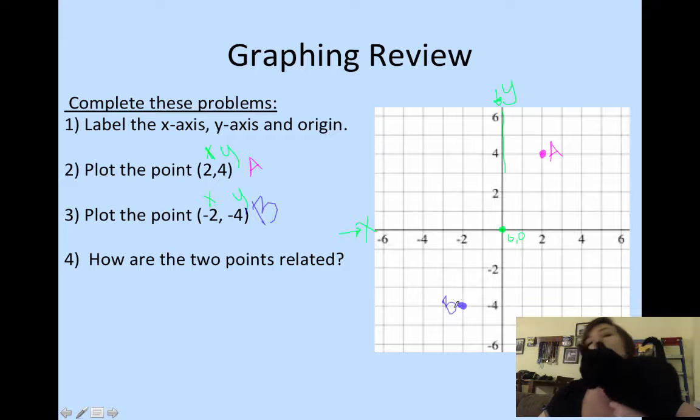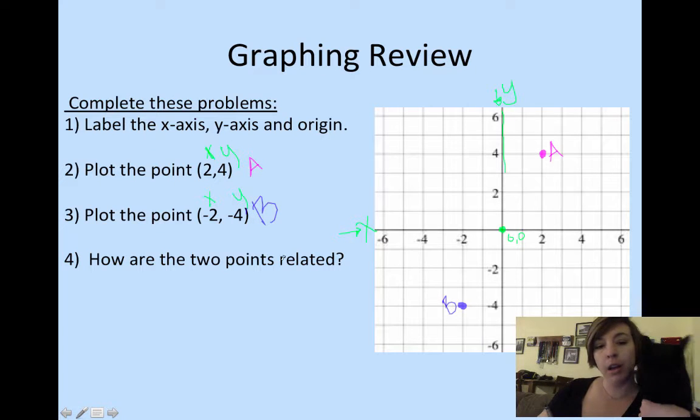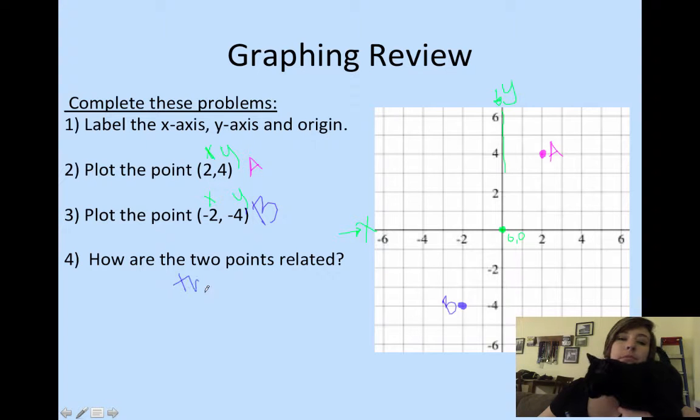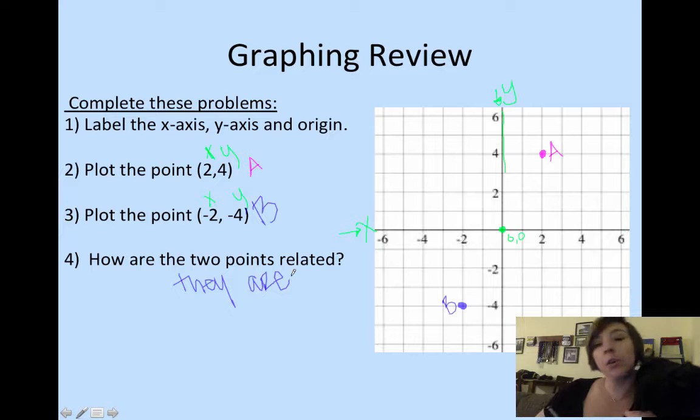All right, how are these 2 points related? You're going to recognize some of this language. They are the same distance from the origin, which is kind of like 0 when we're talking about graphs, but they're in opposite directions. So they are opposites.